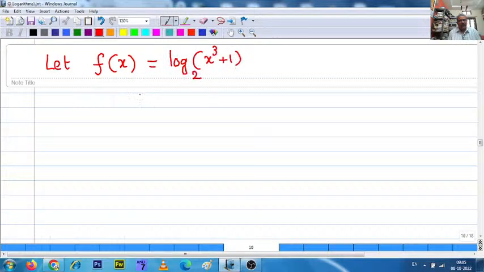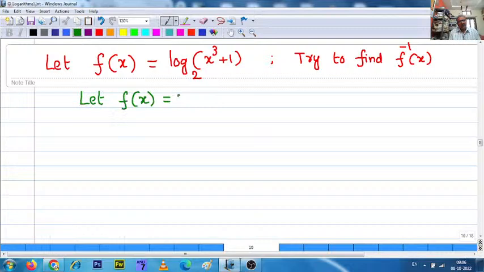Now as it is a function, you are able to find its inverse. Let us try to define the inverse of the function, that is f inverse x. You know how to find the inverse of a function. Let us suppose f of x equals y.